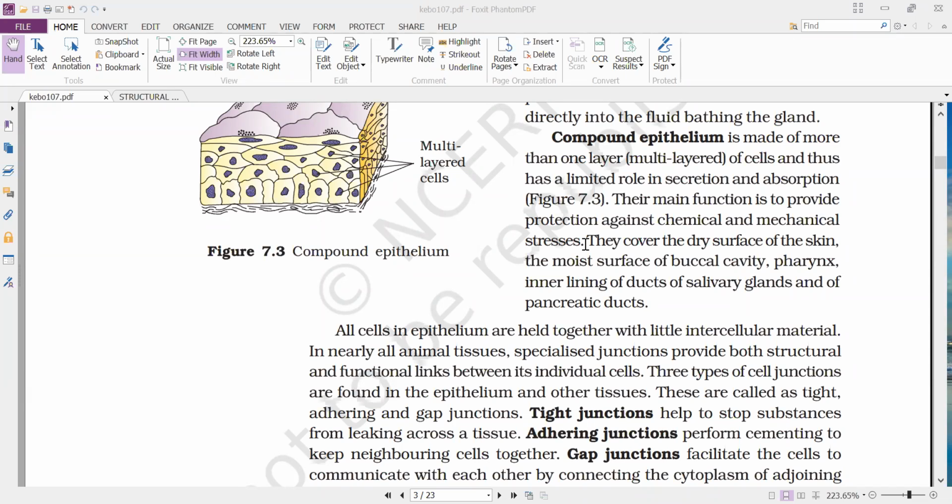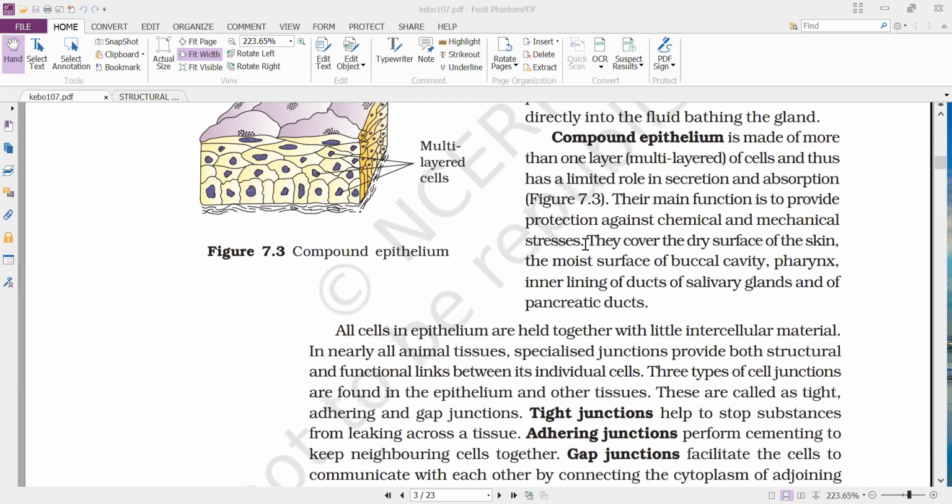They are covering the dry surface of the skin, that is the outer part of the skin. The outer part of the skin is made up of stratified squamous epithelium, a type of compound epithelium. Stratified, that is multi-layered, squamous cells are present as the outer part of the body in the form of skin.